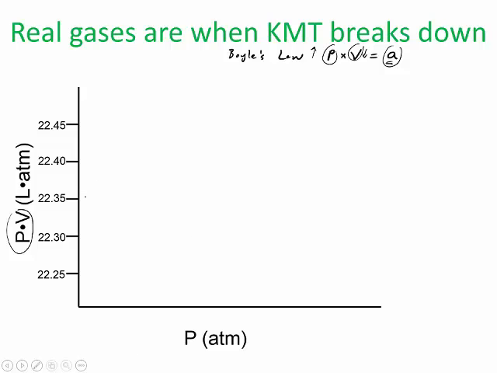So if I make a line right here, if I multiply P and V, I should get this same number here, 22.4. However, there are gases that deviate, and these are when they become real gases, and no longer behave ideally. So you'll get one that shows deviation right here.